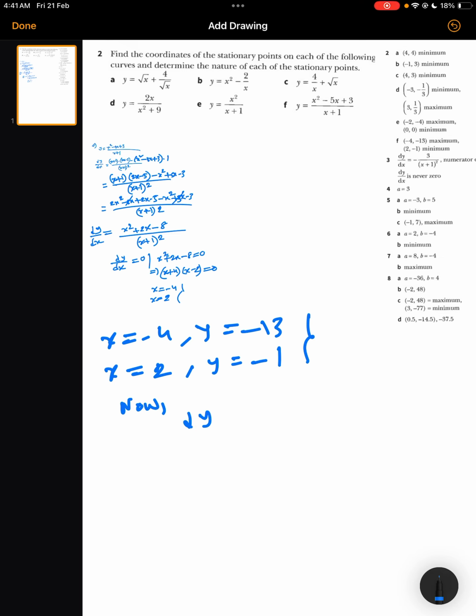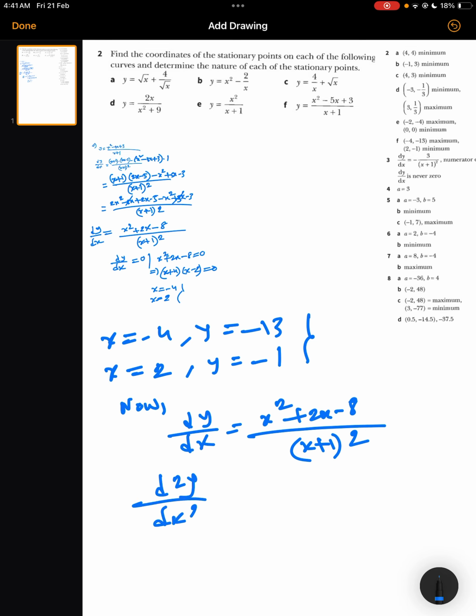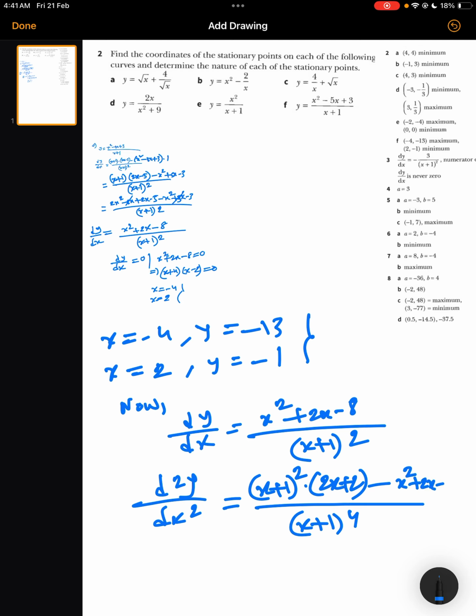Now the second derivative would be over (x plus 1) to the power 4, so this one would be (x squared plus 2x minus 8) times 2 of (x plus 1). Guys, you have to just calculate these things.